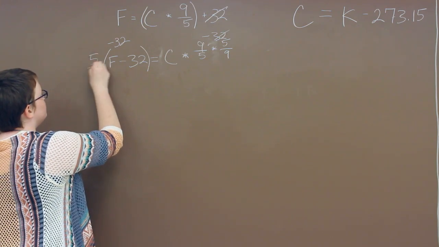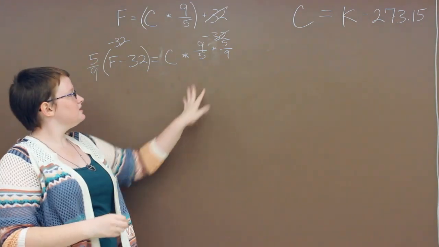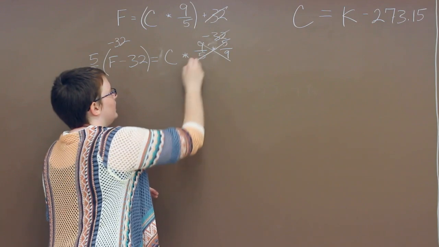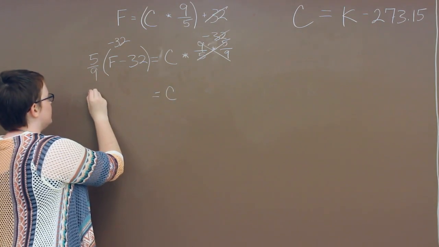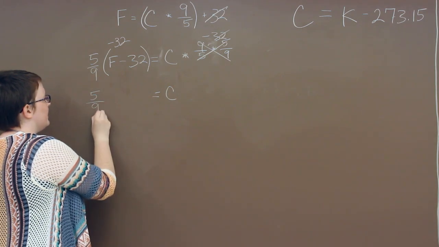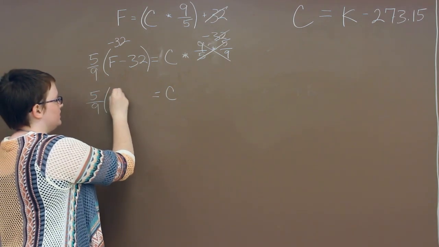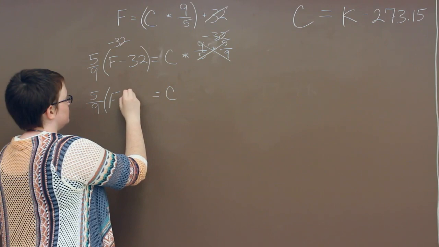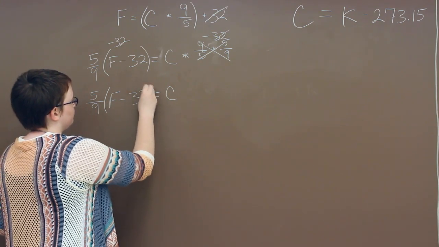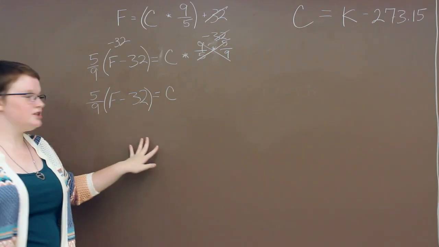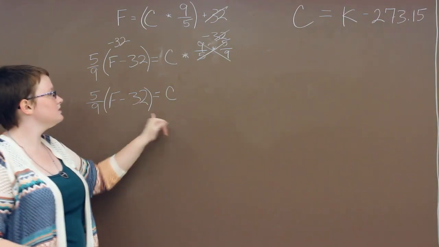On this side, these will cancel out, and you'll be left just with C. And then on this side, you have 5/9 times the quantity, that means in parentheses, F minus 32. So that's your final equation for converting Fahrenheit into Celsius.